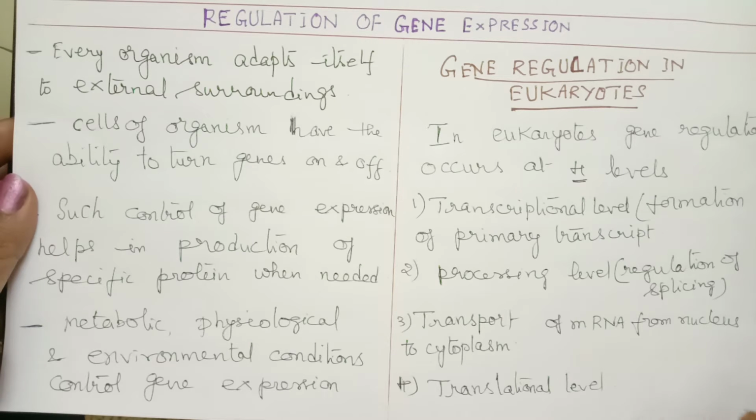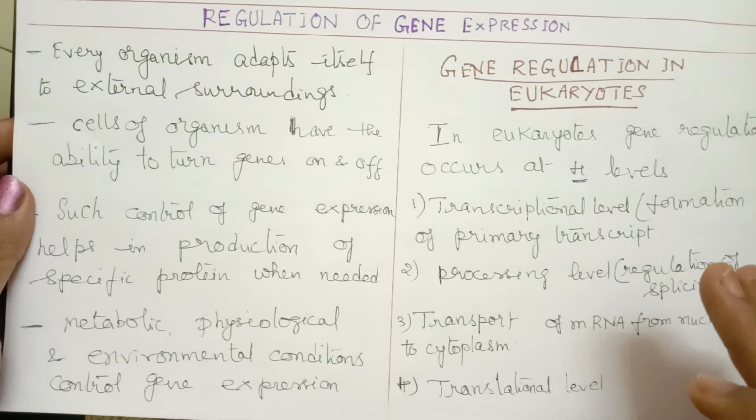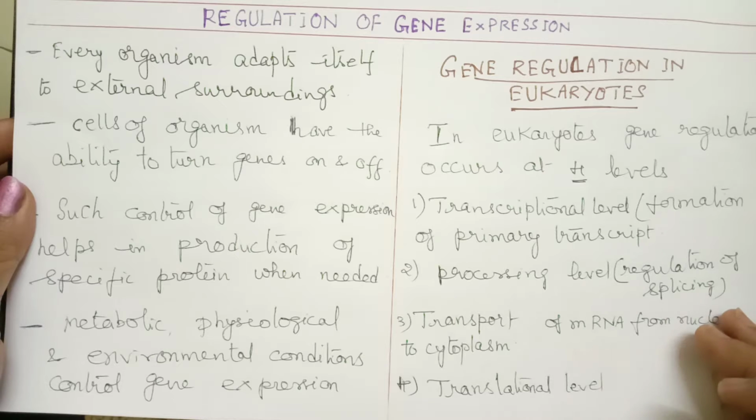Suppose we take the example of human beings. All the genes are present right from birth. But we know very well all the genes are not expressed at all times. At the time of birth, all the genes are not expressed. It depends on which protein or hormone has to be synthesized, and that is synthesized only at a particular stage. That is called regulation of gene expression.